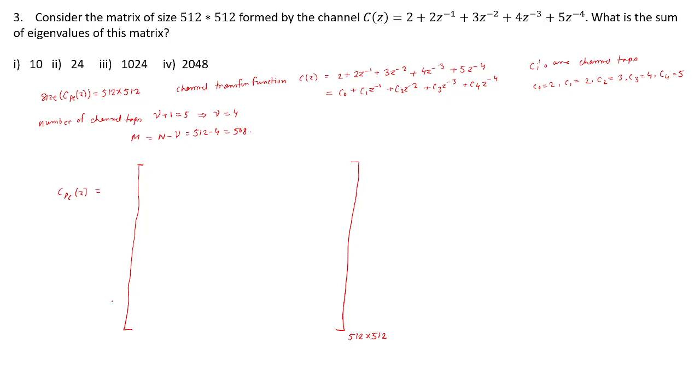You have 512 elements in the first column, but only 5 of them are non-zero: C0, C1, C2, C3, C4. Beyond that, all are zeros, because the rest of the taps are zero. In the next column, from the property, C naught comes here, here comes C1, here comes C2, here comes C3, here comes C4.